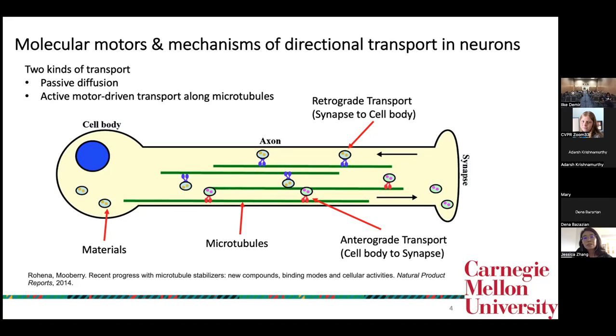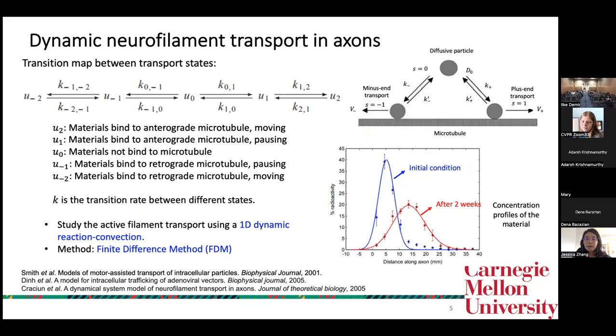Those two types of transport form all the transport phenomena in our neuron morphology. People use the 1D dynamic reaction convection problem and numerically solve it using the finite difference method. They modeled 5 states. U0 represents the passive diffusion, which means the materials don't bind to the microtubule.